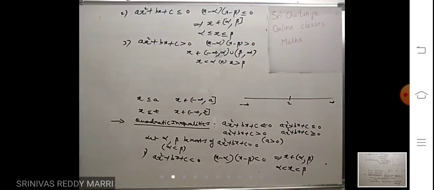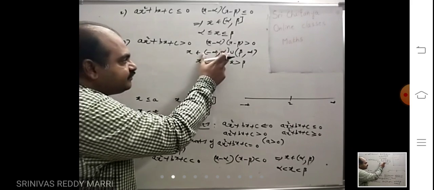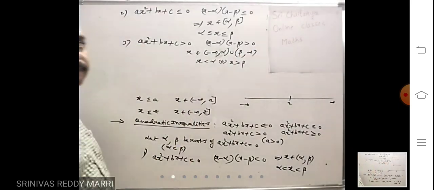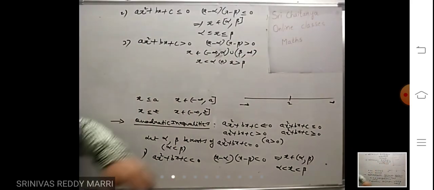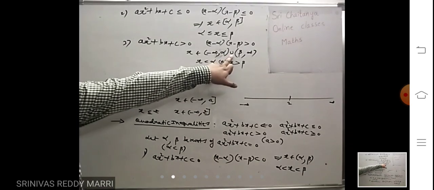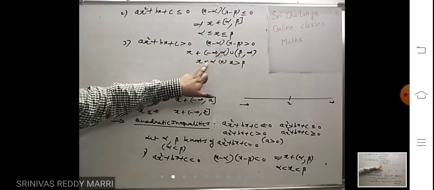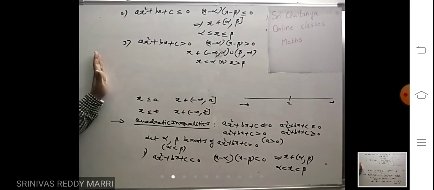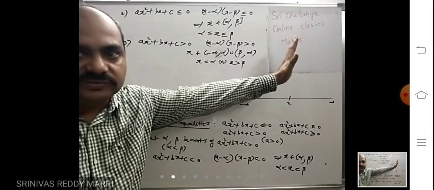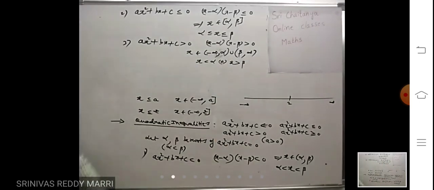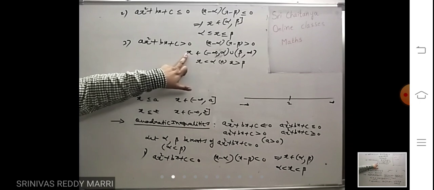So union means these values will be there as well as those values for x. This is the solution set.